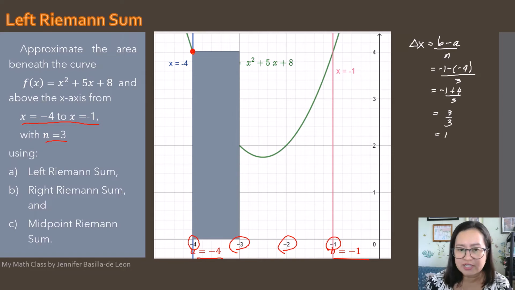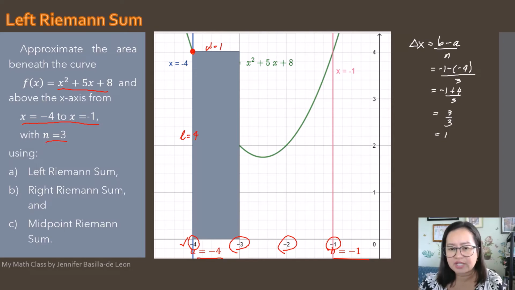Now to get the length of this rectangle, we will evaluate this function f of x equals x squared plus 5x plus 8 at x equals -4. Now using our calculator, we will have f of -4 equal to 4. So therefore, the length of the rectangle is 4. And its width is 1.